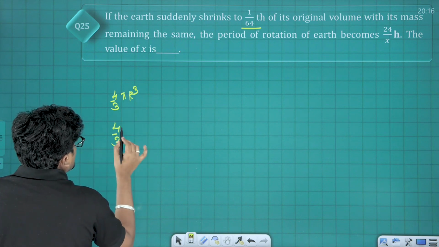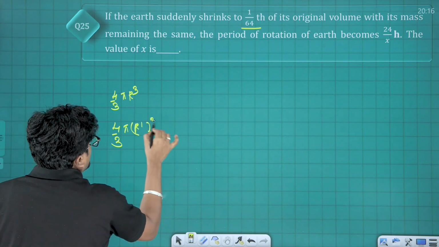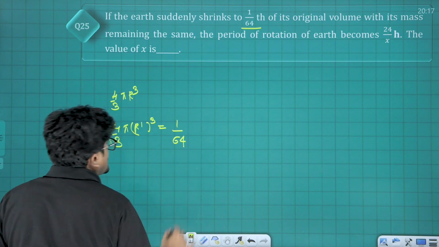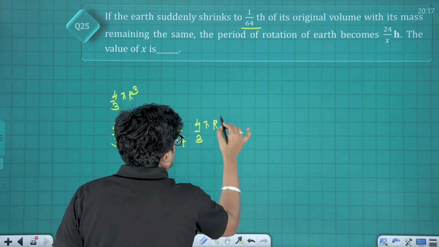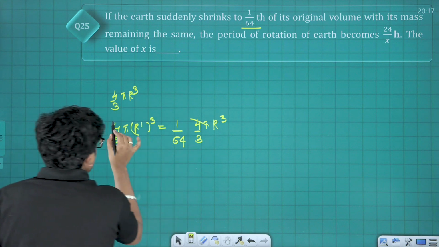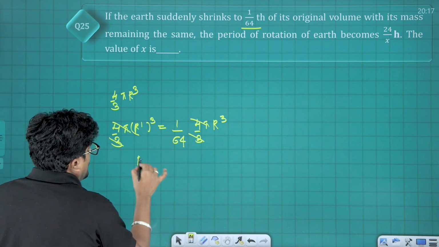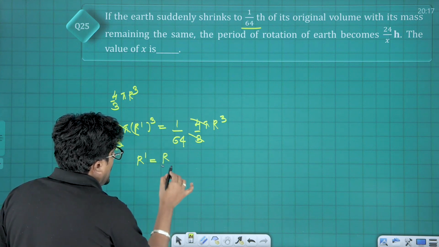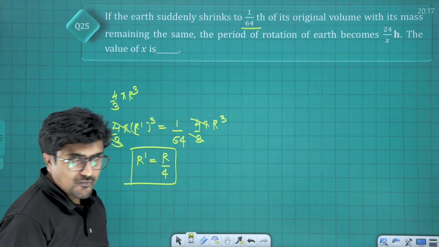Now the new volume is going to be 4 by 3 pi r dash cube. That's going to be 1 by 64 times 4 by 3 pi r cube. 4 pi will cancel, 3 and 3 will cancel each other. R dash needs to be what? R by 4. So the radius reduced to R by 4.